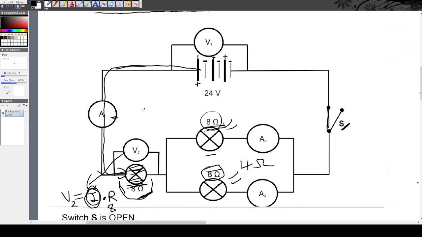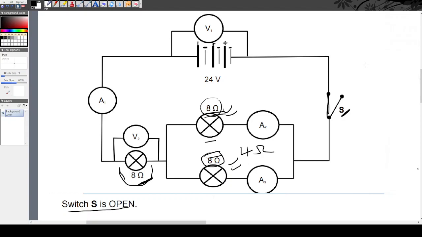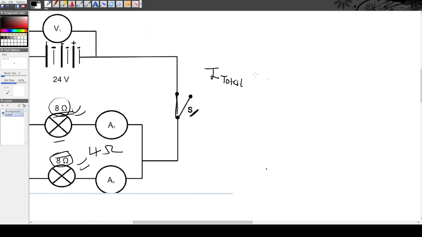Ohm's law is the perfect law that we can use here. I'm cleaning all of this, assuming that you understand. So let's find the total current of this circuit, I total. Okay, let's move. I total is equal to V total over R total.